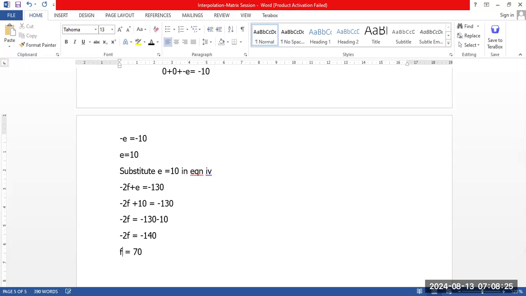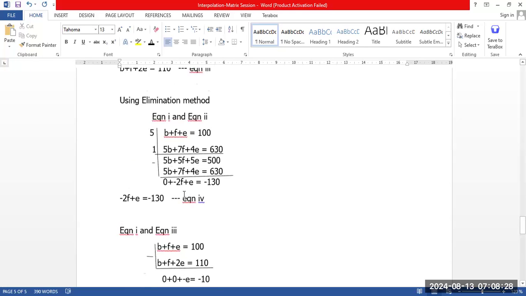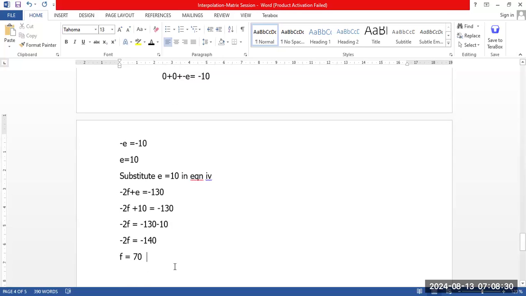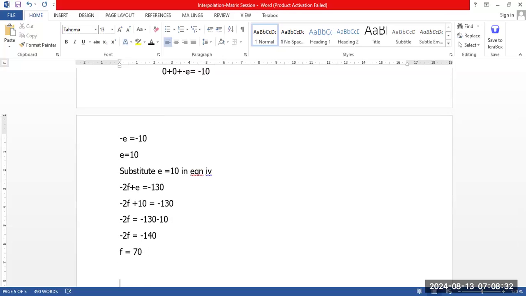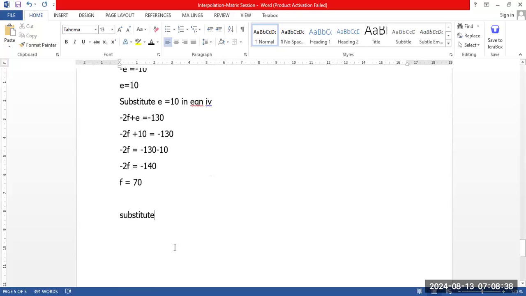We are left with what? Now, we can substitute E is equal to 10, F is equal to 70 in any equation.